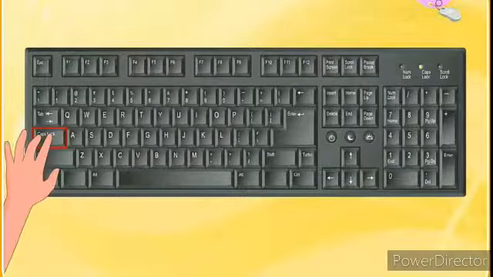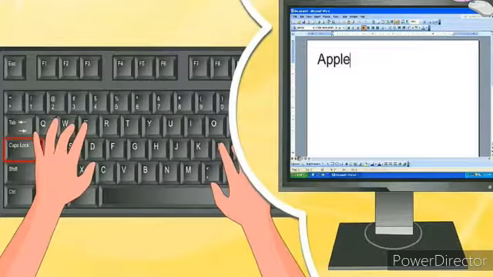When the caps lock key is on, you can see a light on the right hand side of the keyboard. So when you type a letter, it will appear in capital or uppercase.